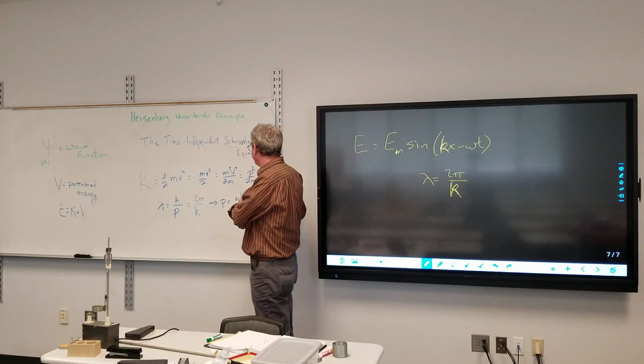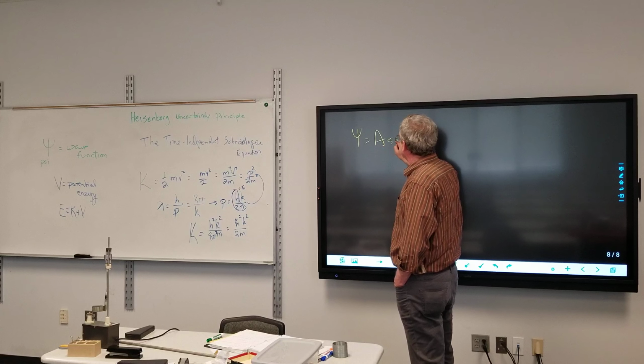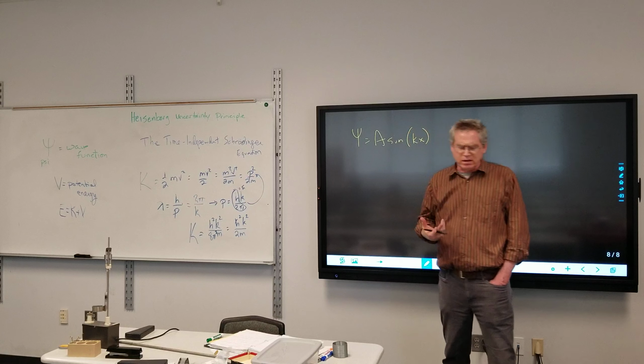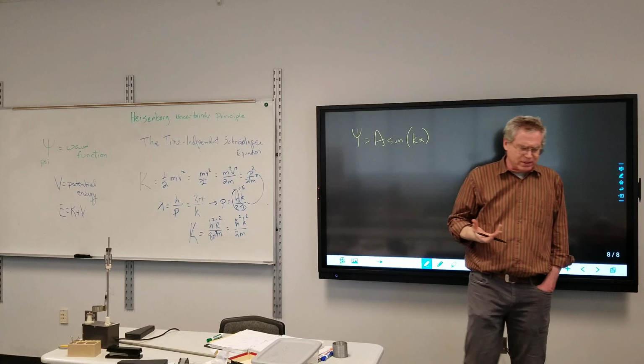Let's just take a simple equation here. So if psi is equal to A sine kx, I don't need the omega t because we're doing time independence.